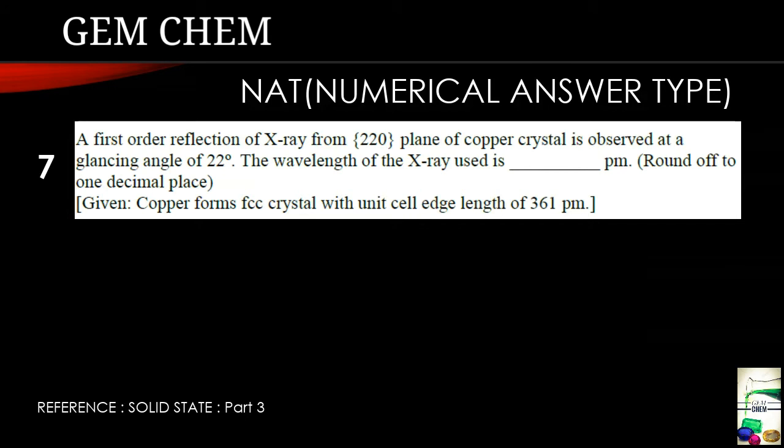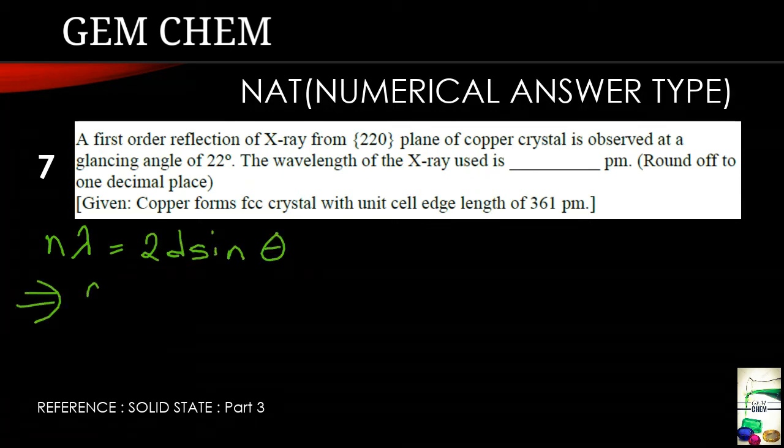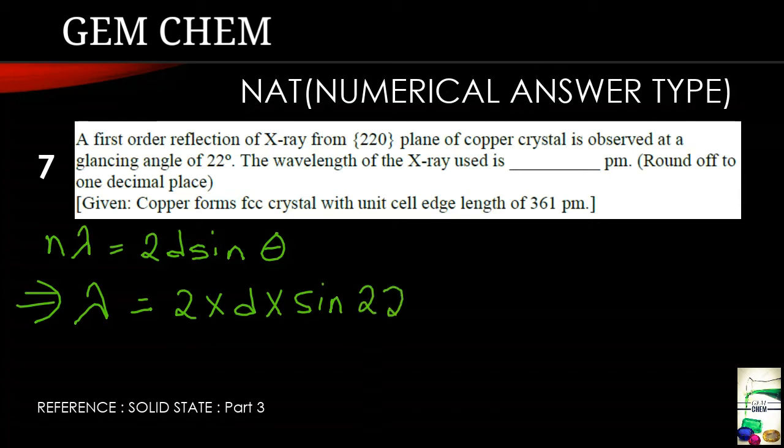Okay, so first we know that n lambda equals to 2d sine theta. This is from Bragg's law, right? So lambda equals to 2 into d into sine 22 degree, and here it is told that first order reflection, so n equals to 1, right?